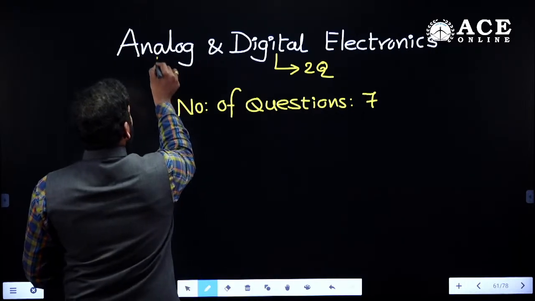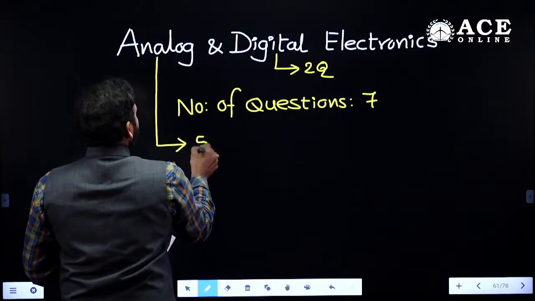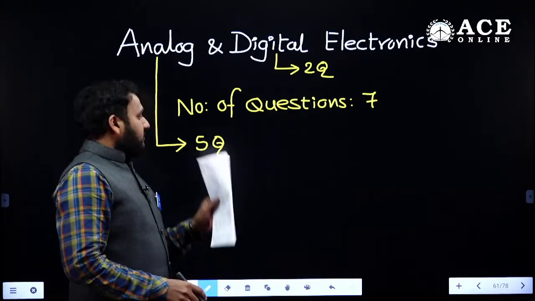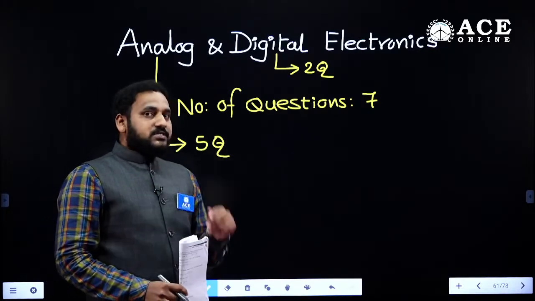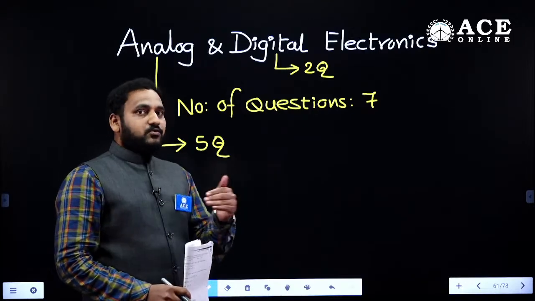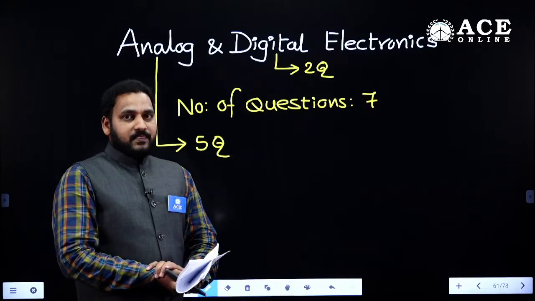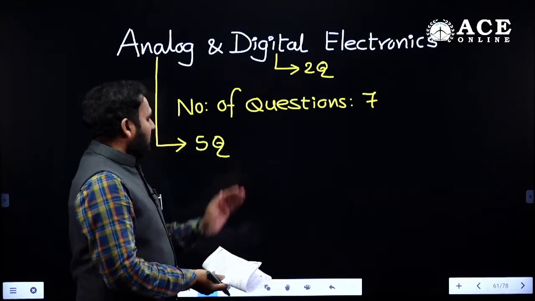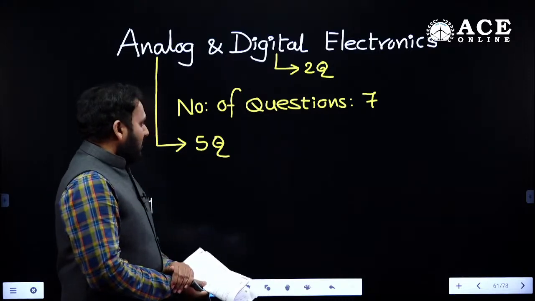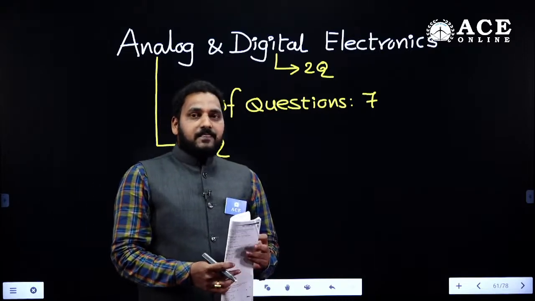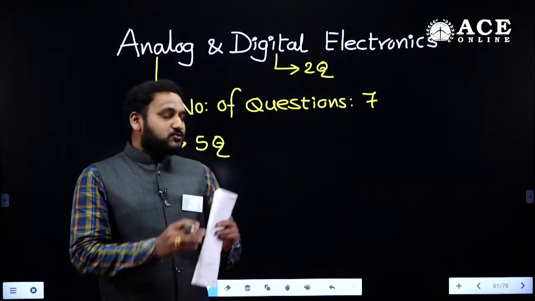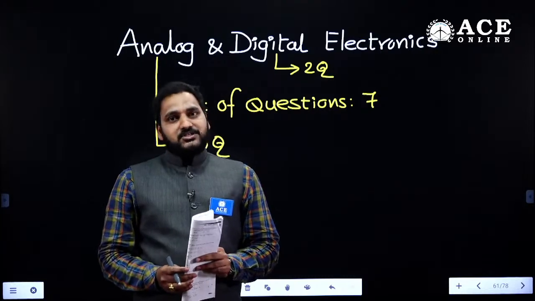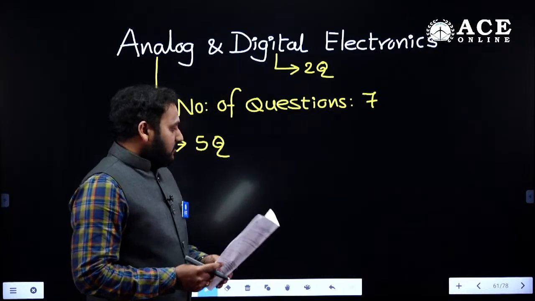From analog electronics, they have given 5 questions: 1 from Zener diode, 2 from transistors, and 2 from operational amplifiers. If you observe the questions carefully, students can easily answer almost all of them, but they need to do some numerical calculations. Question number 12.